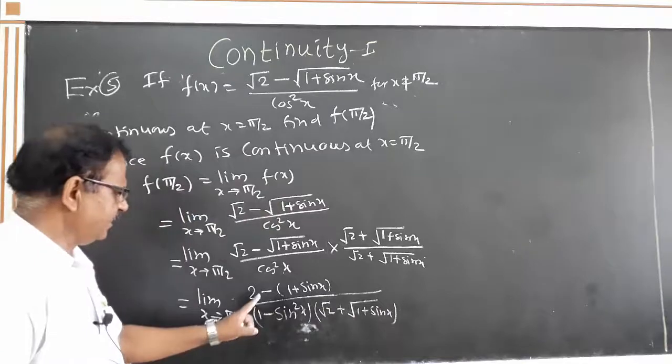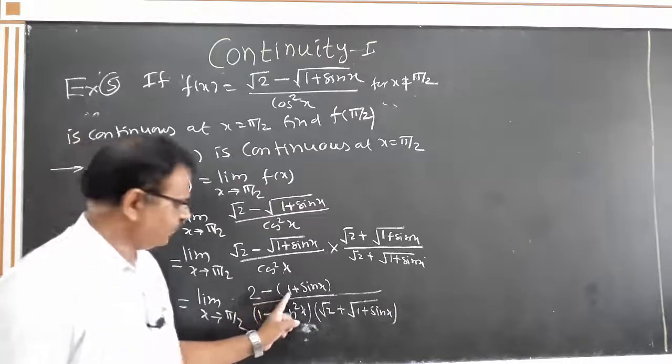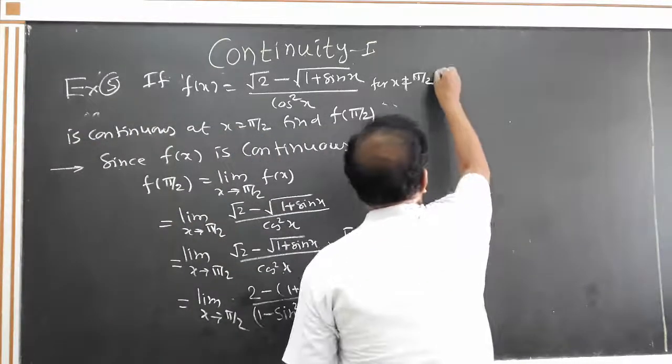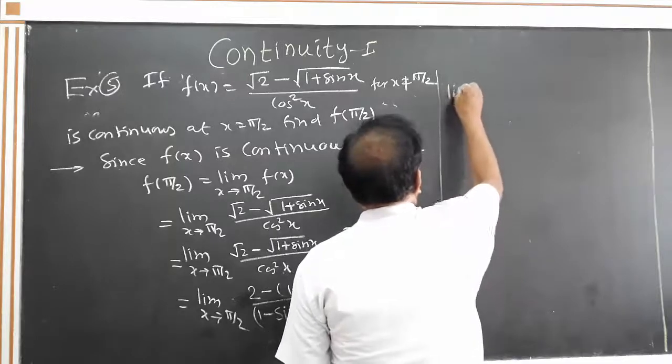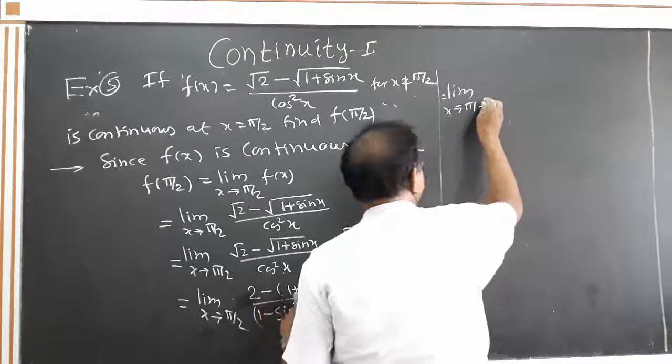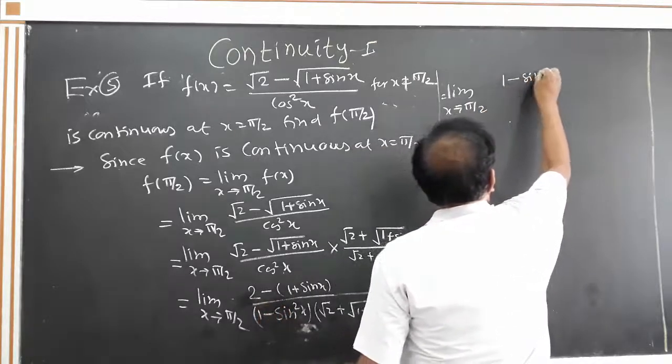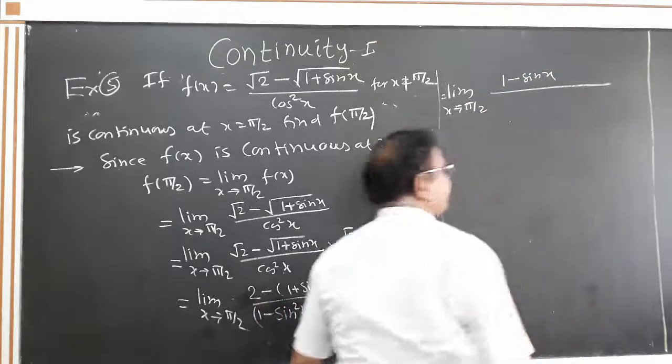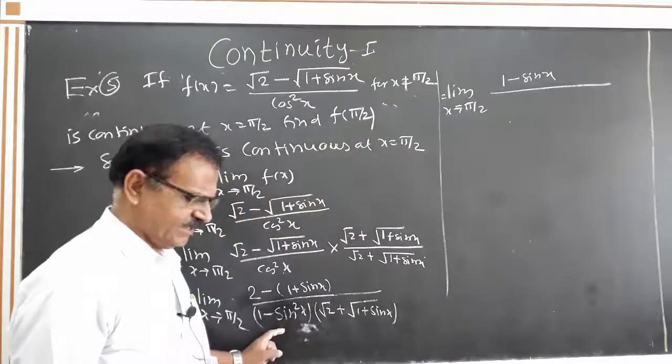Now this can be written as 2 minus 1, that is 1, minus sin x. Limit x tends to pi by 2 of 1 minus sin x in numerator, divided by, in denominator 1 minus sin square x is there.